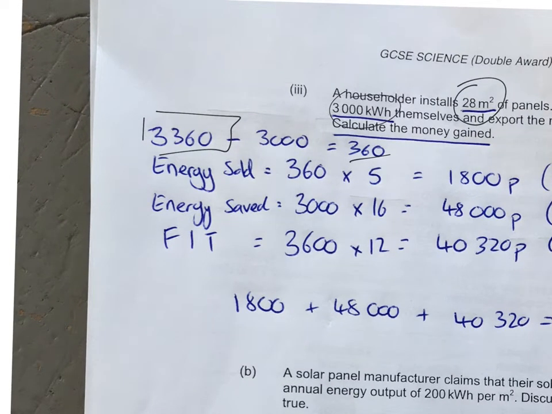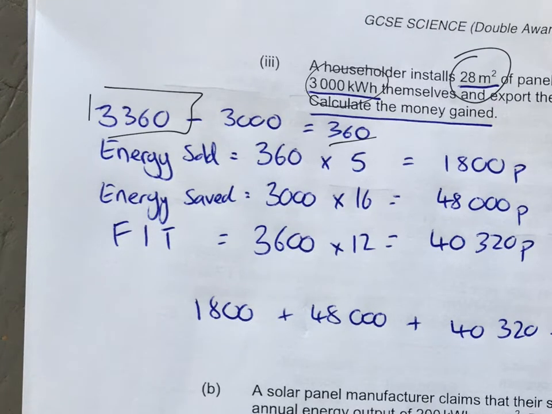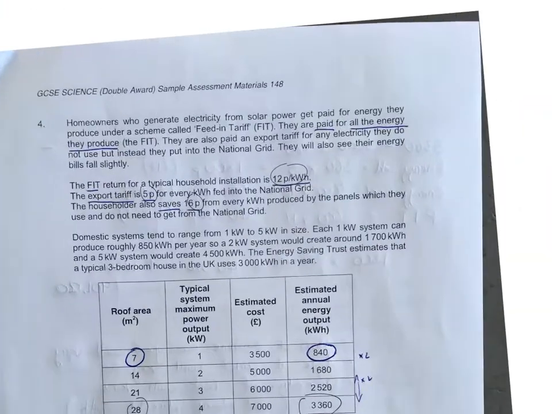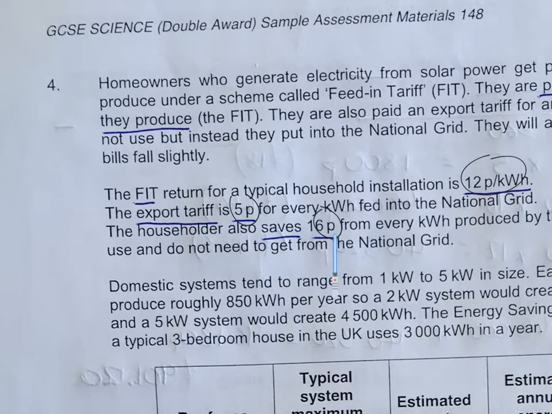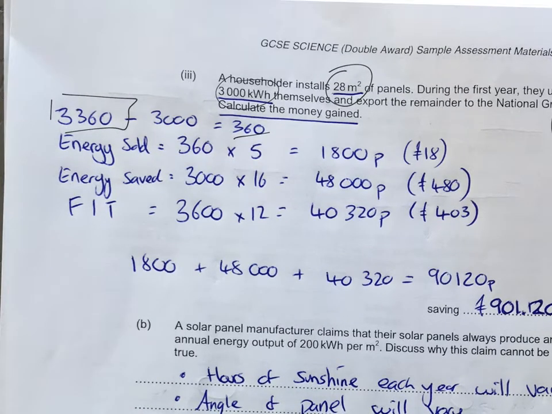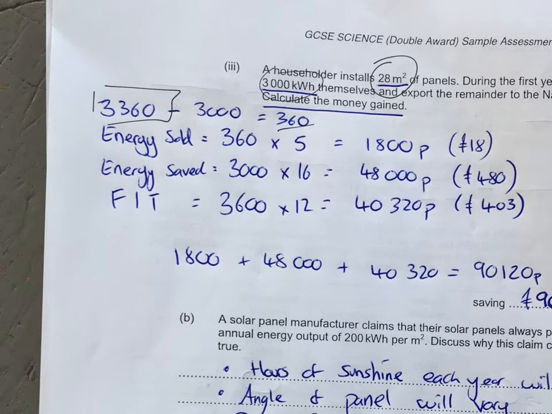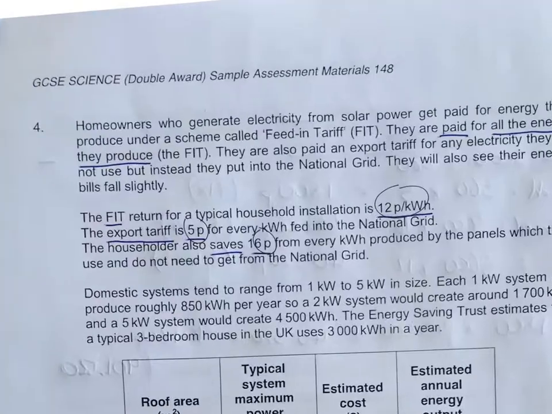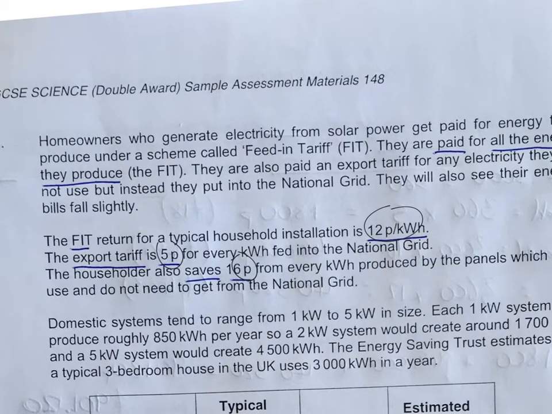Then we need to see how much energy we've saved on the energy that we've used, which is 3,000. That's what they've used. And that's 16 pence on every bit that they use. So I'm going to calculate that, and that gives me £480. And then I've got this FIT, which is the feed-in tariff.